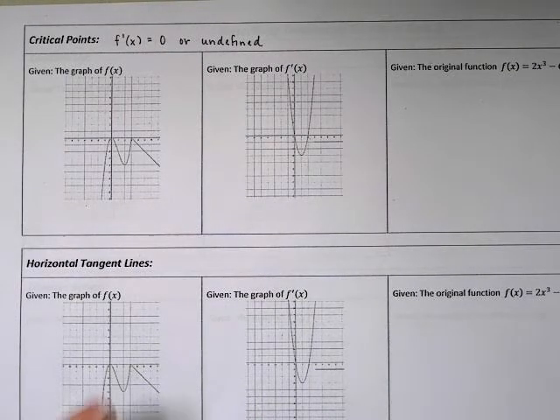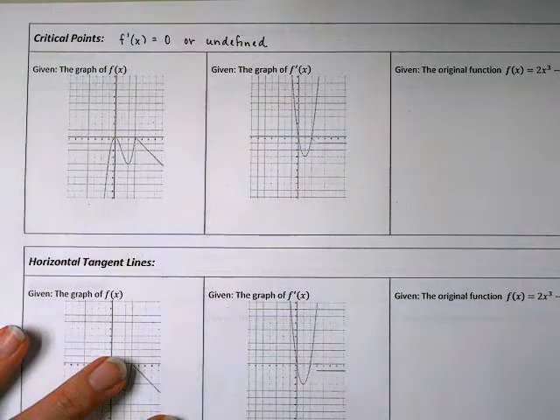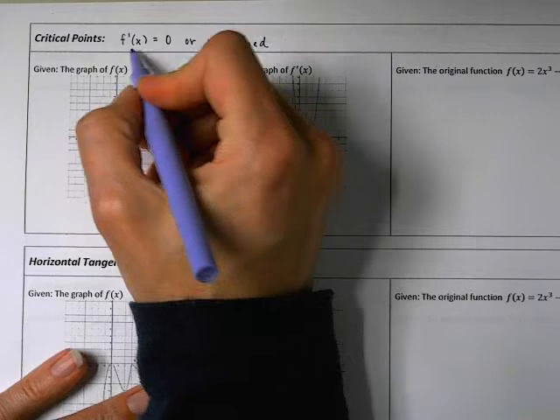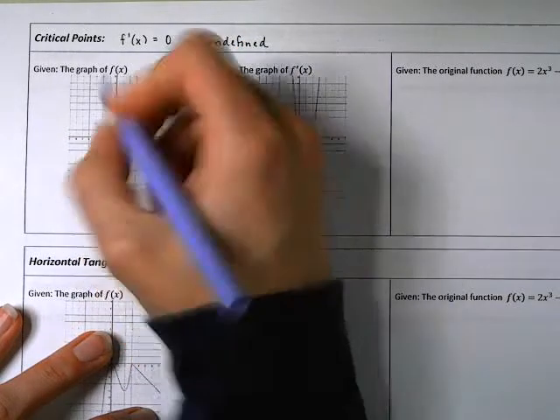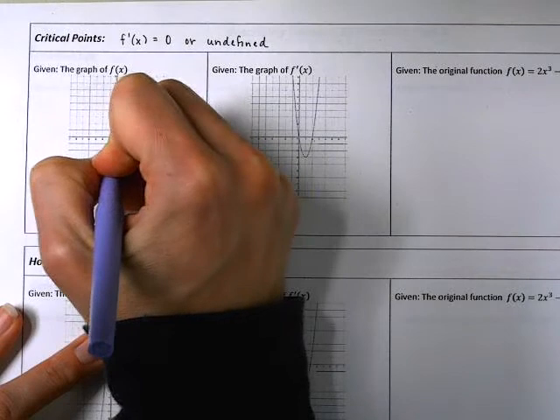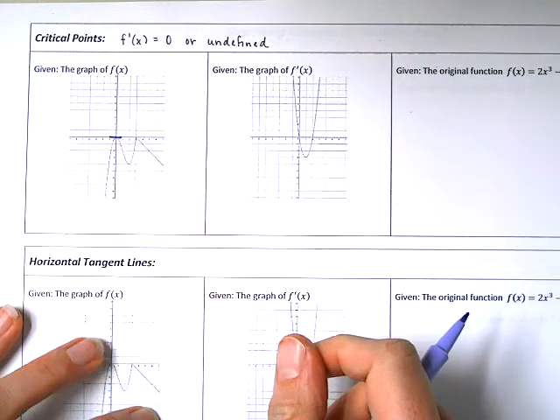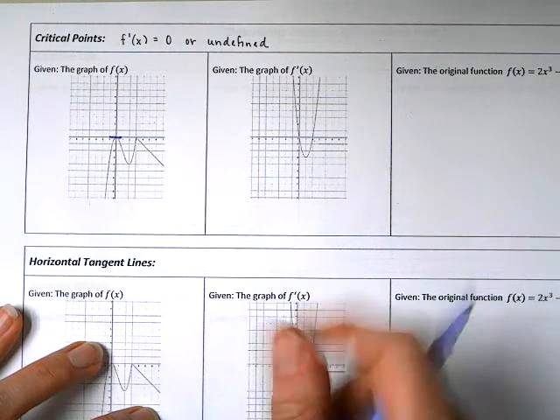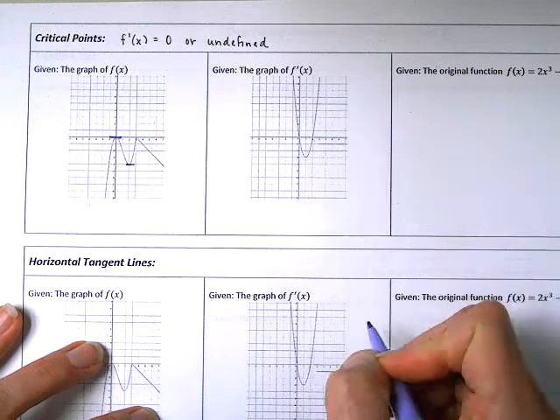So let's go ahead and look at the graphs. If I'm looking at the graph of f of x, I know my slope is going to be 0. Like if I imagine my tangent here, that's going to happen here. My slope is going to be 0 at that value. We have what we call a horizontal tangent, and we're going to get to that in a second. I'm going to have a slope of 0 down here.